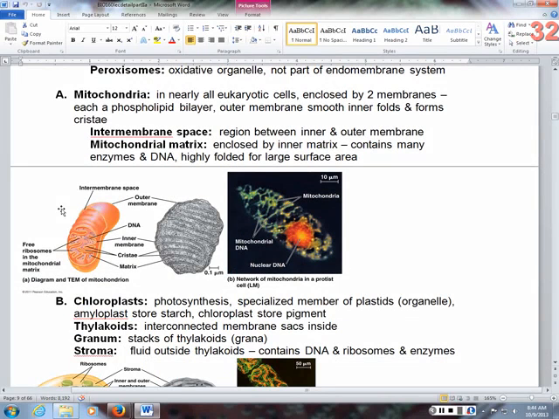Here you can see you've got the membrane around the outside, and then you've got this inner membrane folded up inside. So the intermembrane space is in between that inner and outer membrane. You've got the mitochondrial matrix that is enclosed by the inner membrane. It's going to have your enzymes and DNA, and it's highly folded. All of these folds form your cristae.